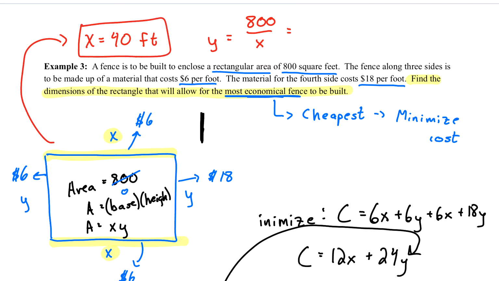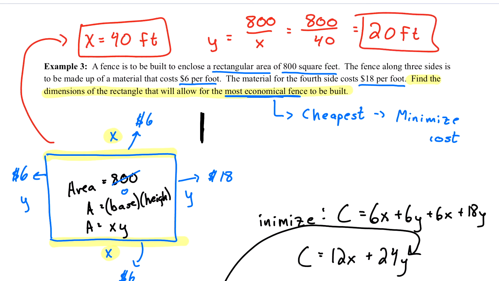So y is equal to 800 divided by 40, which means that y should be 20 feet. So that is our missing dimension. We have one side, the side with the two cheaper materials, that's going to be 40 feet, but the side that has the more expensive materials, that side is only going to be 20 feet for our answer.